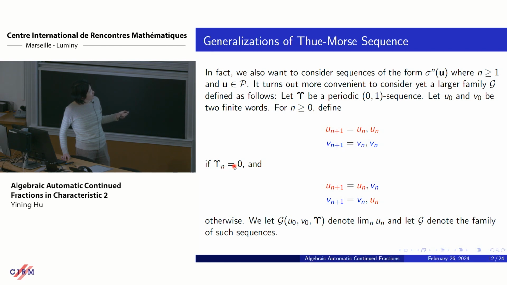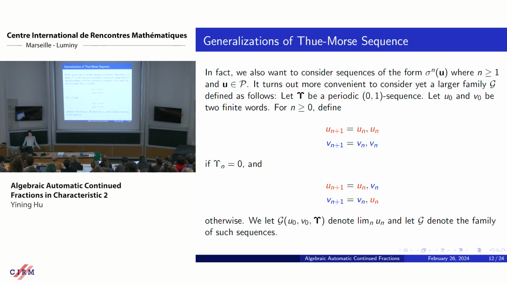If epsilon n is 0, then we repeat them. If epsilon n is 1, then we alternate them. So from this definition, we can see that the Thue-Morse sequence belongs to this family.